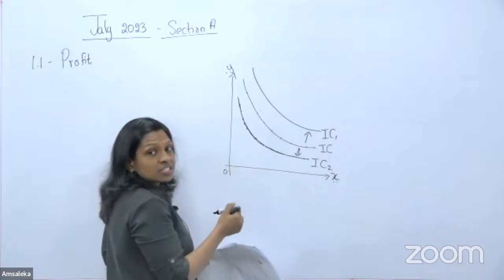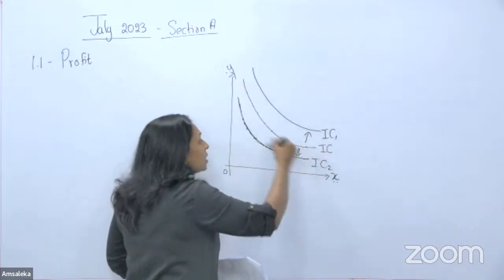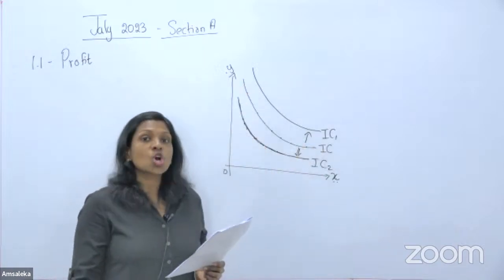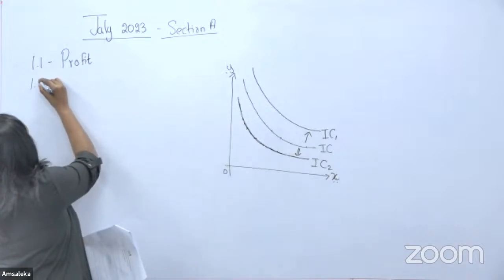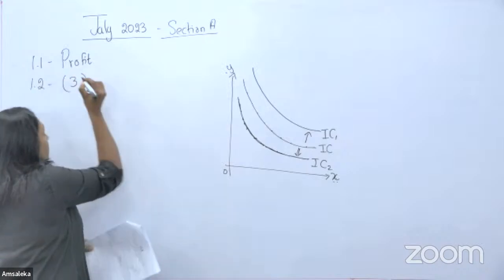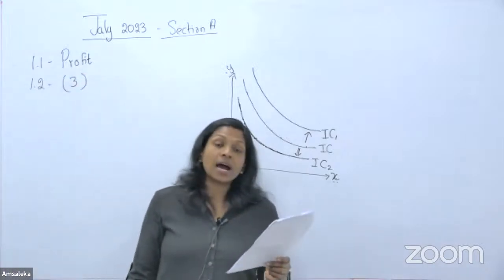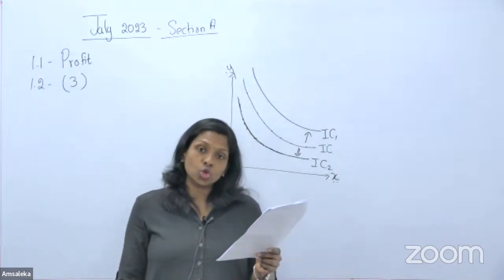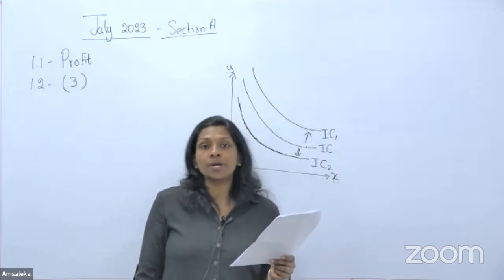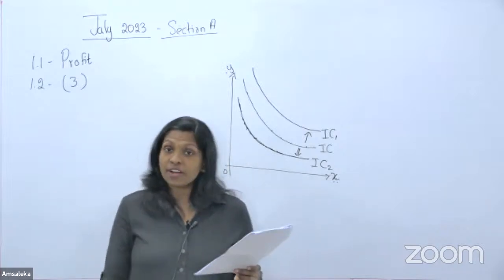Moving downward, satisfaction will decrease. But along the curve, the satisfaction remains constant. So for 1.2, the third one is the answer: it is a different combination of two goods that provides a person equal satisfaction.